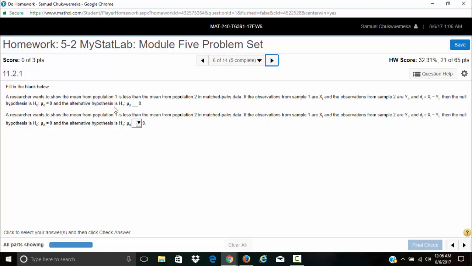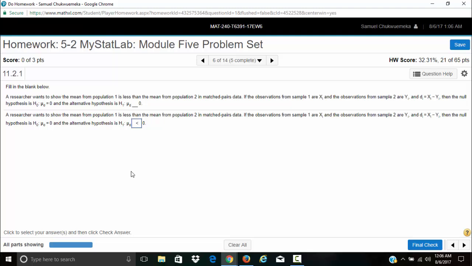So the alternative would be that mu 1 is less than mu 2. Mu is the population mean.